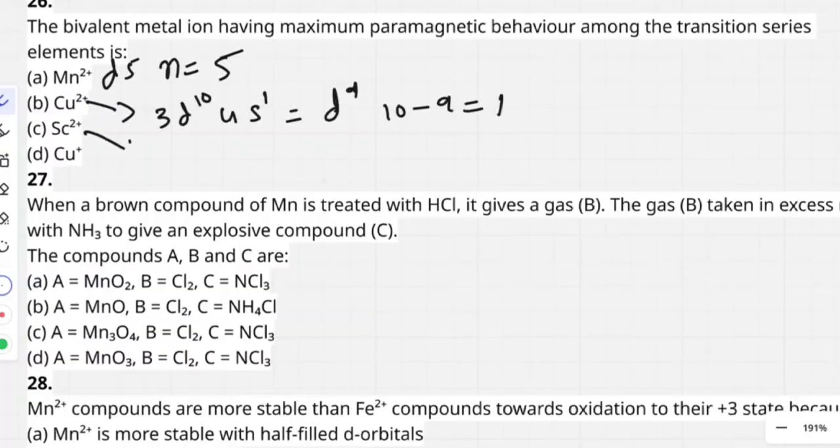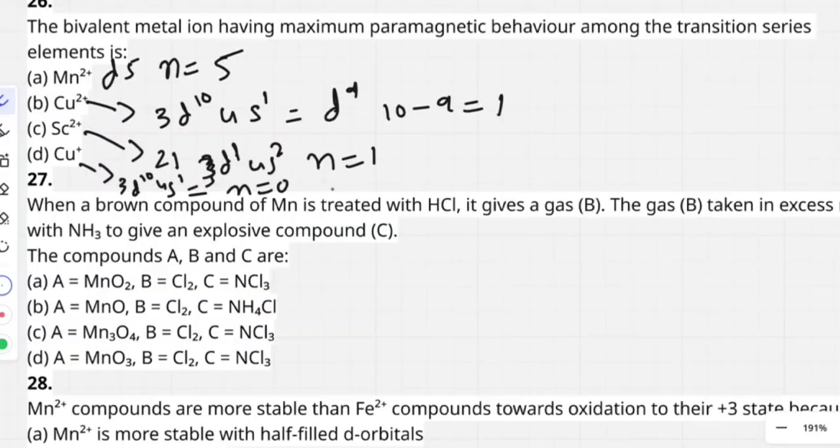For scandium 2+, atomic number 21, you have 3d1 4s2. It contains n is equal to 1 here. For copper 1+, for copper atomic number 29, it has 3d10 4s1. n is equal to 0 here.